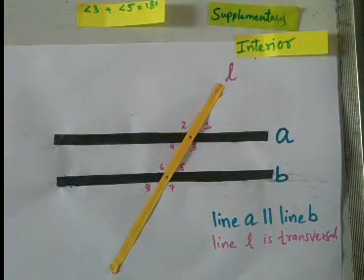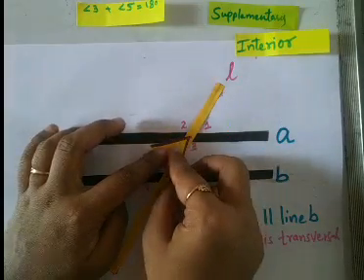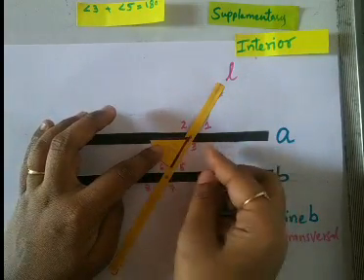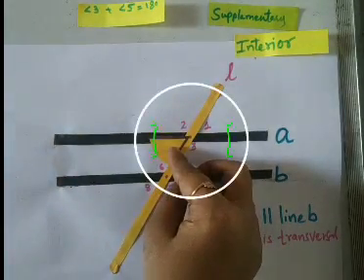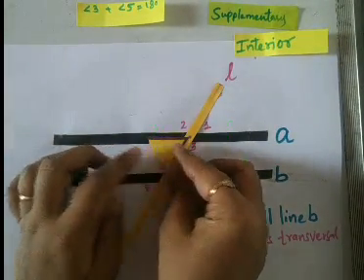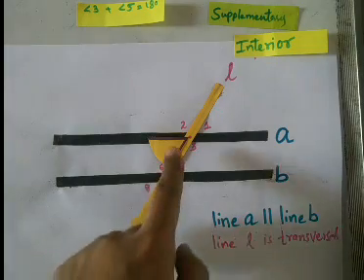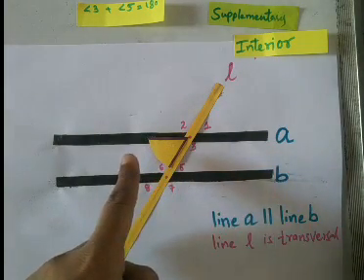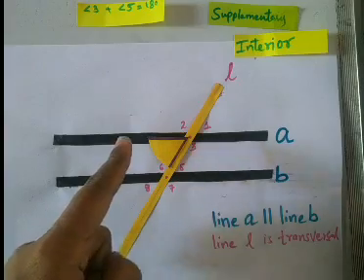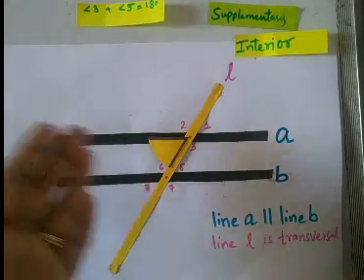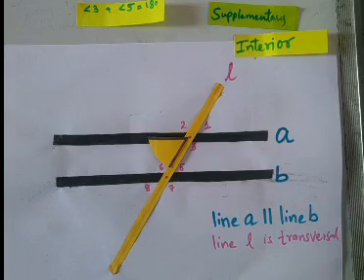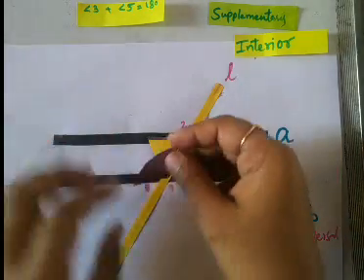Yes. Let's see which is that. Suppose I am taking angle number 4. Its interior angle lies on the same side of the transversal and between the two parallel lines. This angle is forming on line A, so its interior angle will form on line B on the same side of the transversal between the two parallel lines.